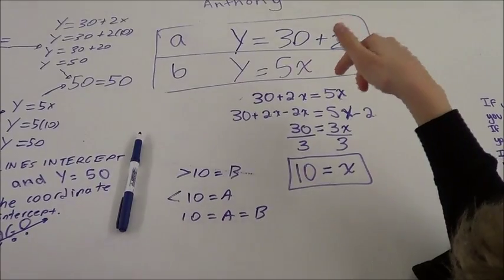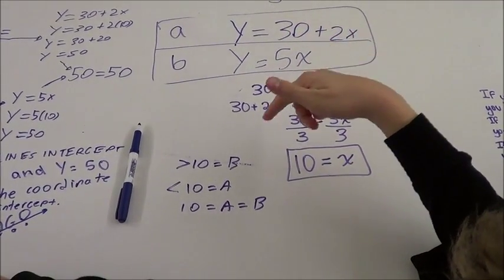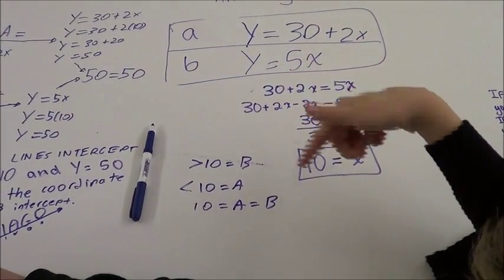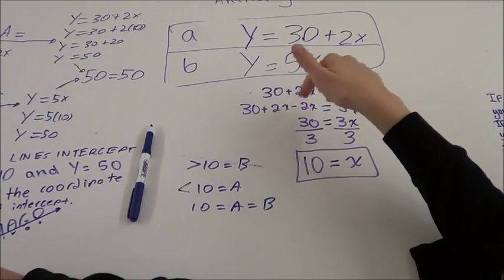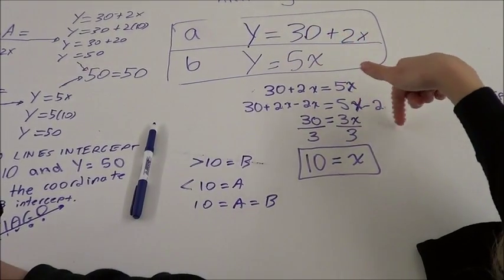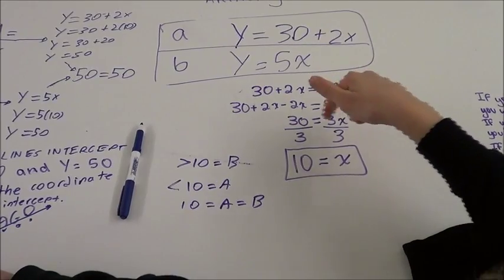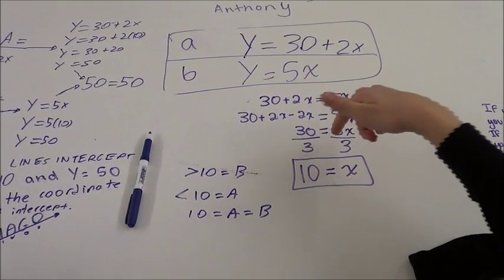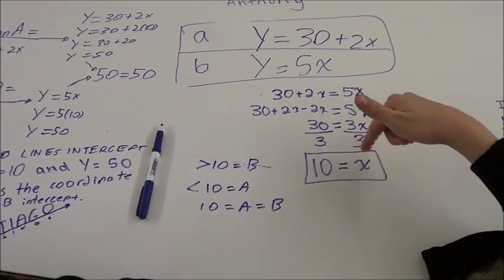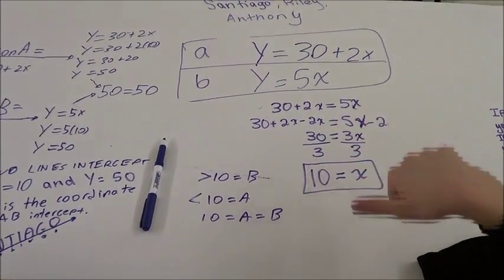So we used algebra and calculated that x would equal 10. We did 30 plus 2x, and then we subtracted 2x from the other side. So we got 30 equals 3x. Then we divided both sides by 3, so we would have x on its own. And then 30 divided by 3 was 10, so x equaled 10.